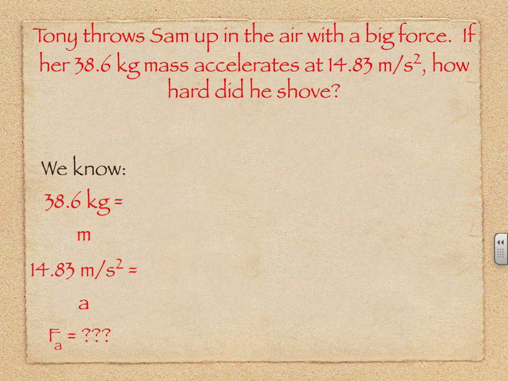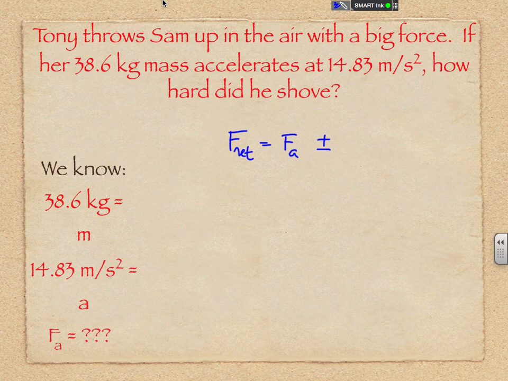So again, we have to start thinking, I'm looking for applied force. Well, where does applied force show up in formulas? It only shows up in today's formula. We have 2 formulas today, but we found out that Fnet equals Fa plus or minus, and there were 2 different versions on what it was plus or minusing.